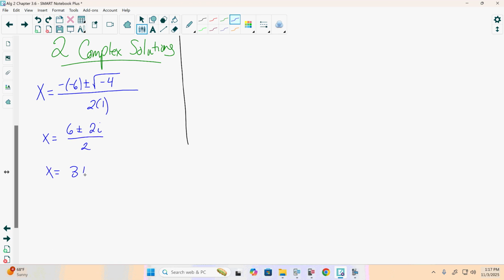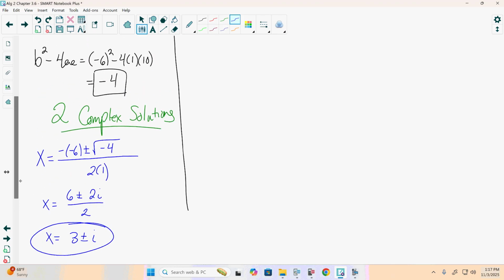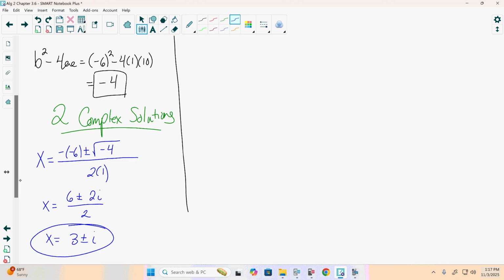The square root of negative 4 is going to be 2i. Divide everything by 2 and simplify it, telling us that the solution is 3 plus or minus i. But that's it. Really, all I want is negative 4 and 2 complex solutions. I'm not solving it on top of it. Questions on discriminant so far?